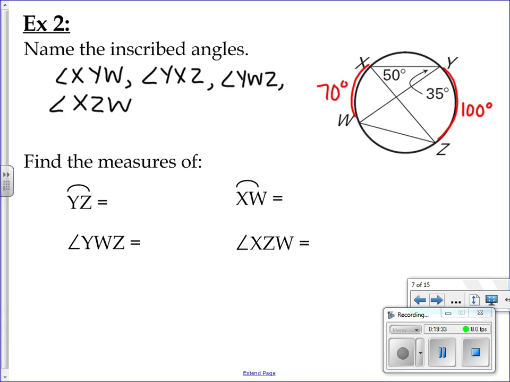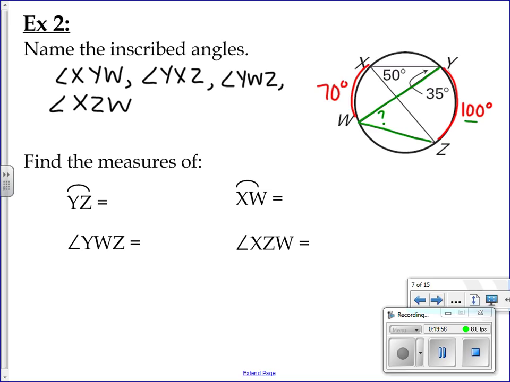Now, let's talk about the other two angles that we haven't touched on. I'm going to focus on this inscribed angle. We could figure out that angle, because if you notice, this inscribed angle is also opening up to the 100-degree arc.